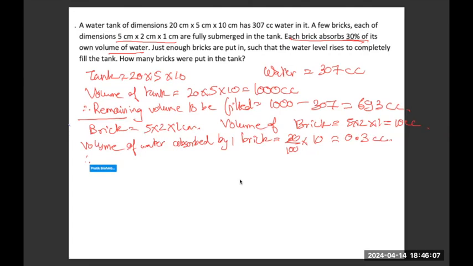Therefore, the rise in the volume. Now, please note 30% is getting absorbed and 70% of the volume is responsible for the rise in the water.